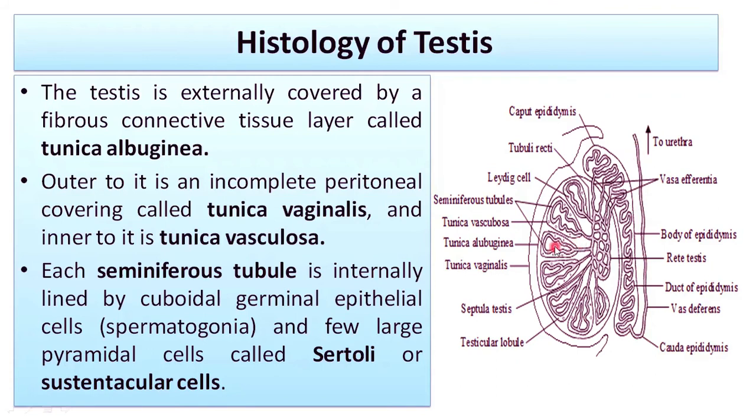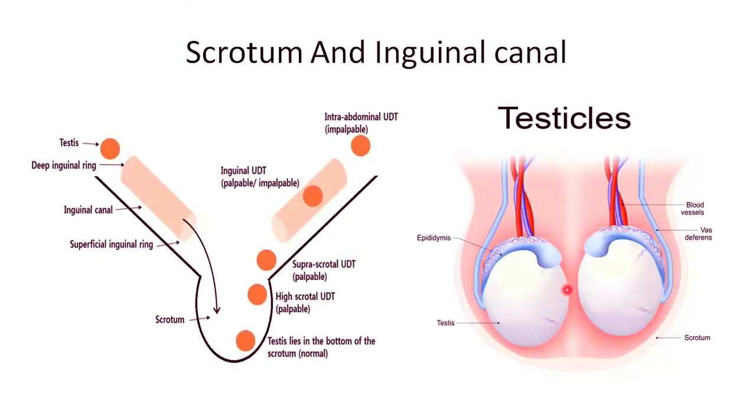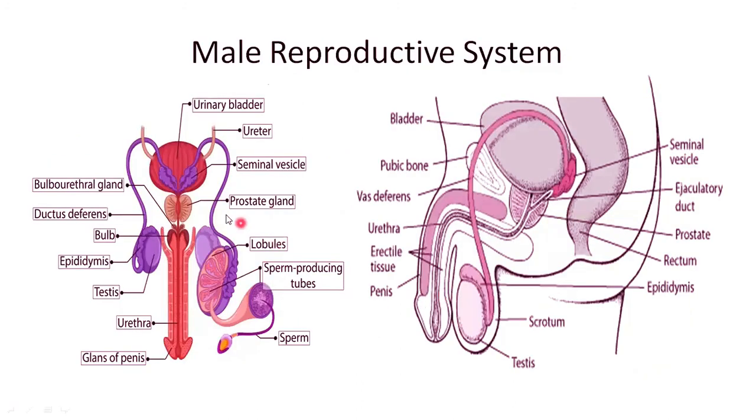urethra. And these are the layers of the seminiferous tubule, that is the tunica vasculosa, then tunica albuginea, vaginalis. Through this, all are passing. Now remaining are the Leydig cells. Then we will see in the next diagram, and in the previous diagram also I explained the functions.